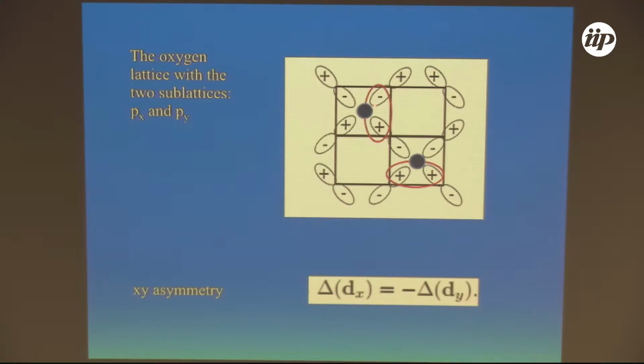And if you look at this overlap here, there is a minus sign on the vertical links and a plus sign on the horizontal links. This yields this property here, which we are going to show is responsible for the d-wave character of the superconducting parameter.